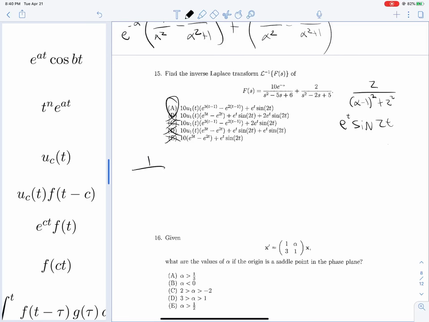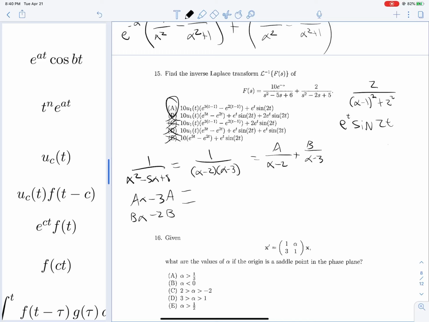So we're partial fractioning 1 over alpha squared minus 5 alpha plus 6. This is equal to 1 over alpha minus 2 times alpha minus 3. And this is equal to A over alpha minus 2 plus B over alpha minus 3. At least this one will be easy. So A times alpha minus 3 and B times alpha minus 2B, and this is minus 3A. All of this is equal to 1.